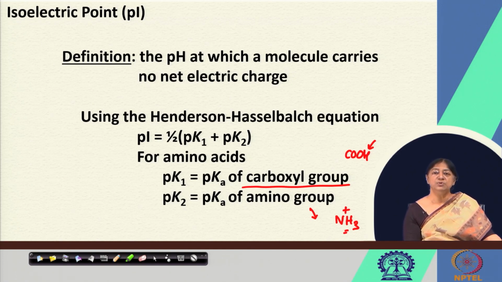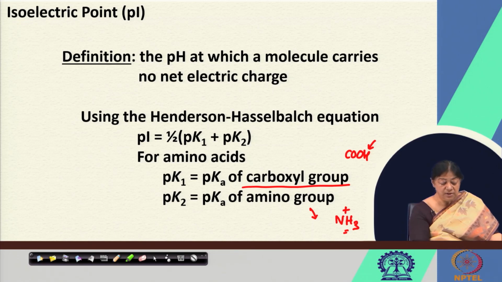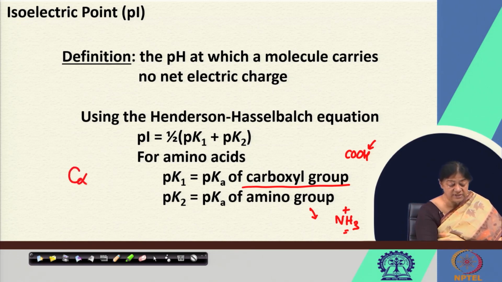Every amino acid has the C alpha, the H, the NH3 plus, and the COOH.